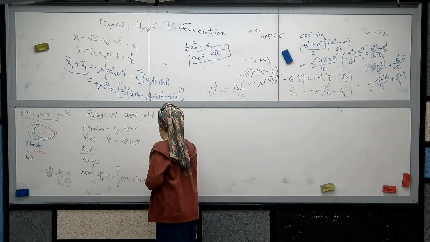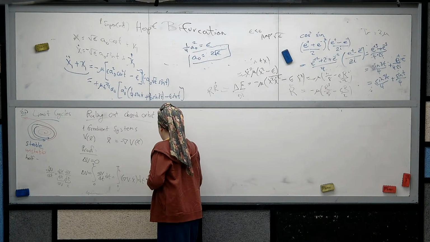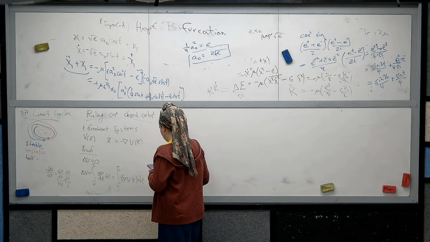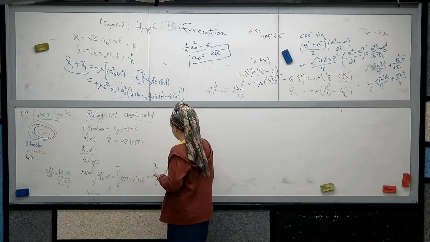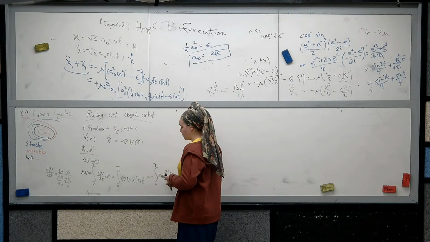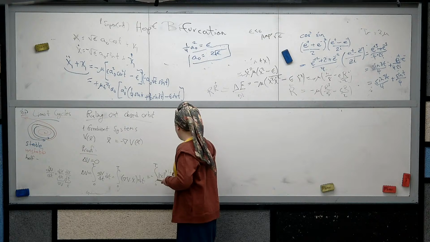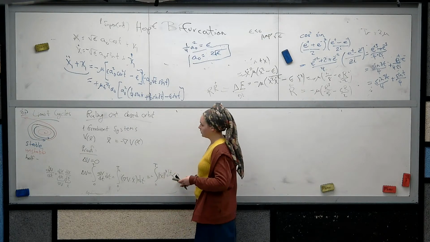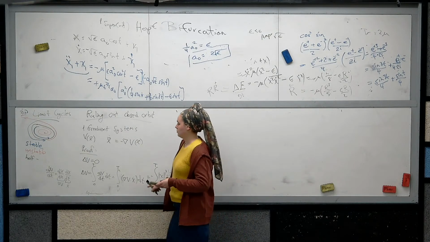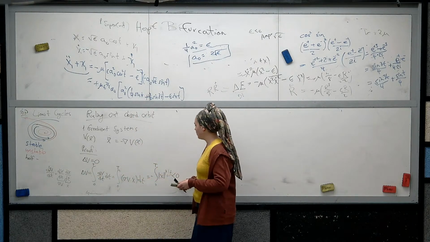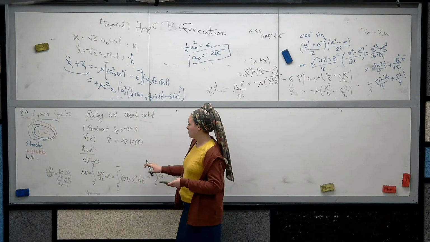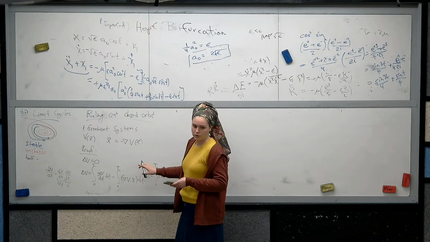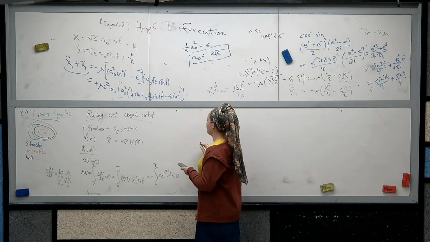This is the norm of x dot squared, and this is always lower than or equal to 0, so there are no closed loops.